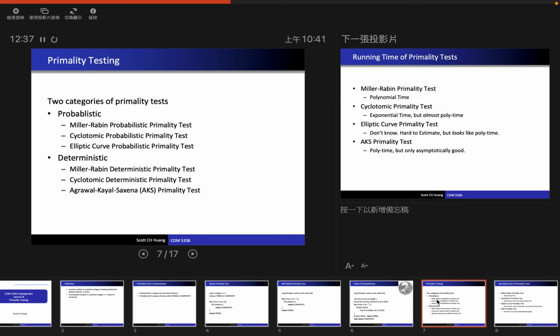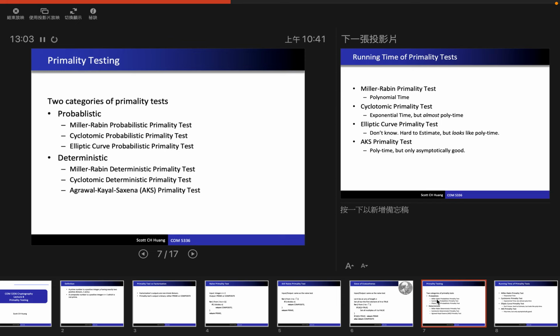For example, the input is a large number, and if you run this algorithm, it will give you, say, at least 99.999% confidence that this number is prime. That's probabilistic.